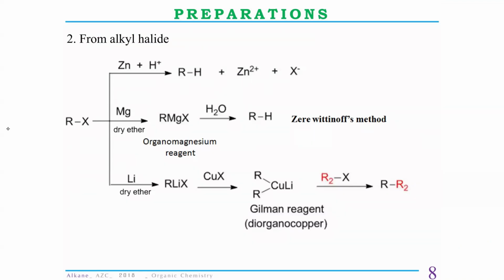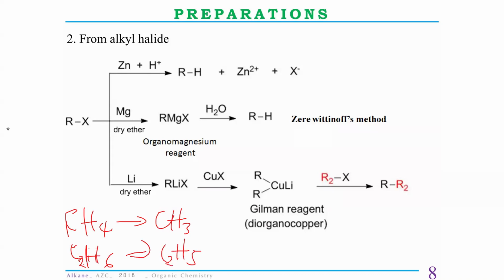For example, methane is CH4, but its alkyl group is CH3, methyl, by removing only one hydrogen atom. Likewise, C2H6 is ethane, and it changes to C2H5, which is ethyl, because one hydrogen atom is removed.